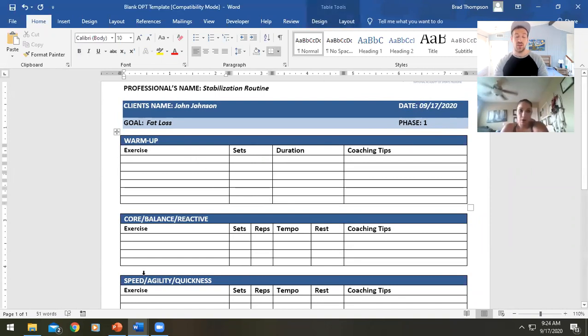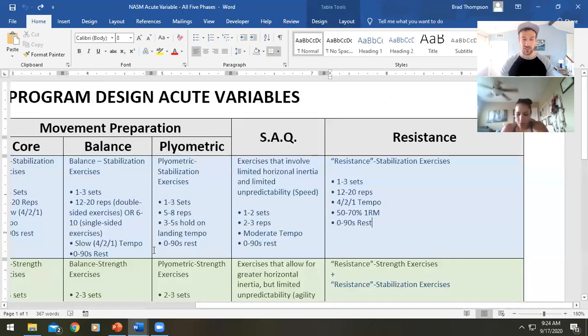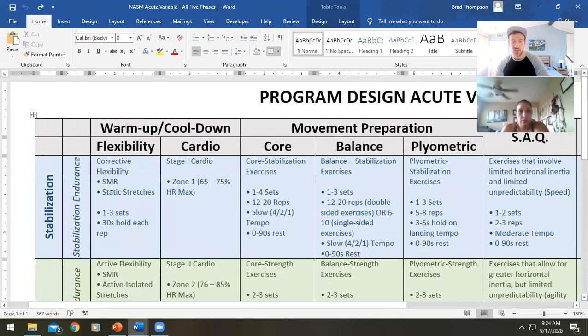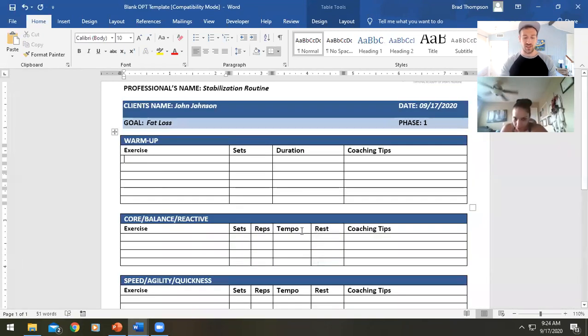It's all filled out. Now I go back to my little list of rules here. I'm starting with corrective flexibility. So John Johnson needs foam rolling and static stretches, 1 to 3 sets, 30 seconds each. So I go over here. Let's say I'm going to foam roll his, I'm going to use me as an example, hamstrings, TFL, and piriformis, right?